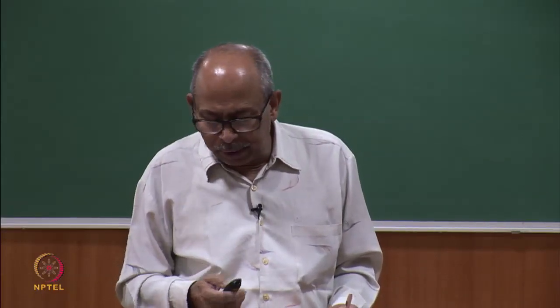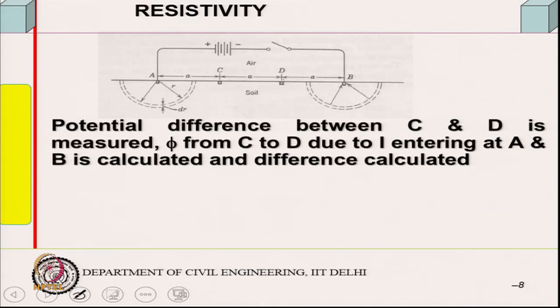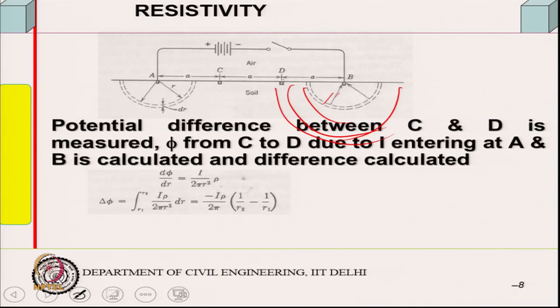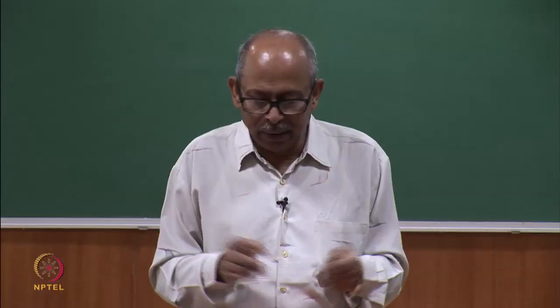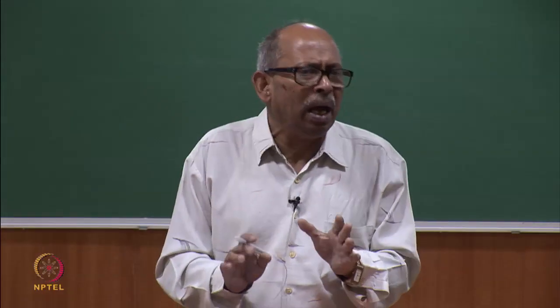So, this is the Wenner probe method. The potential between C and D is measured, phi from C D is due to the current I entering. This is showing DC, but alternating current can be used, there is no problem. The current enters at A and B, spreading along equipotential lines. You can derive d phi dr, but for this class I will leave it at this stage.